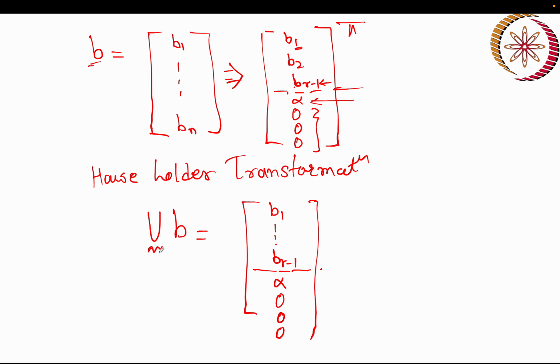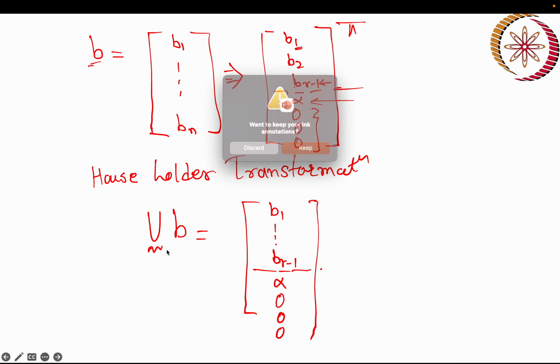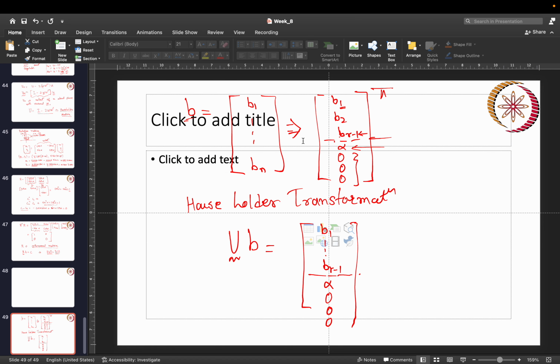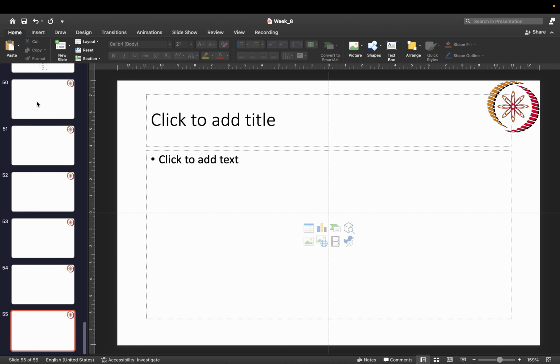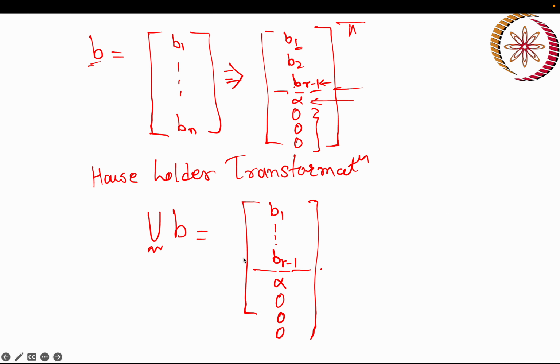So if we want to find out this u, how do we go about that? Okay, this might take some time, but just stick with it and we'll find out how to find the u.